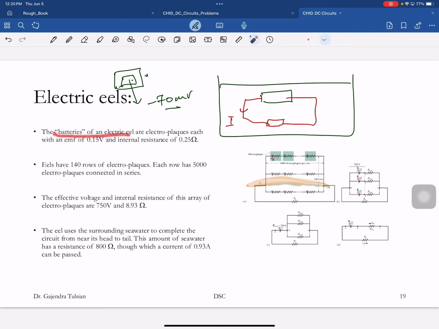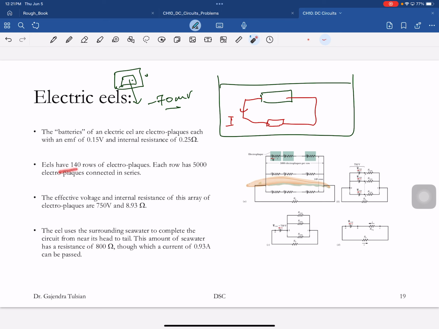The batteries of an electric eel are electroplaques, each with an EMF of 0.15 volts. So eels have these specialized cells, where the voltage is 150 millivolts each cell, and an internal resistance of 0.25 ohms.